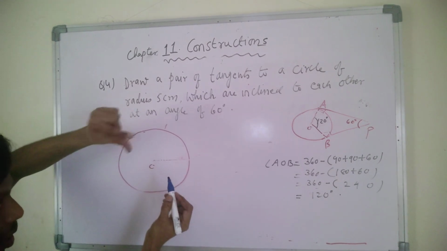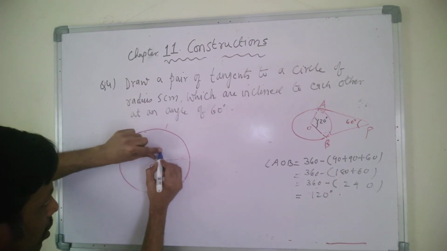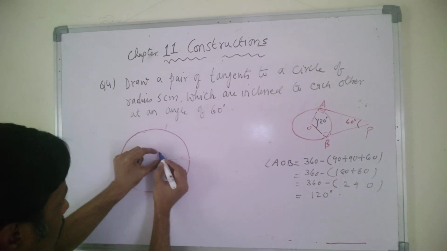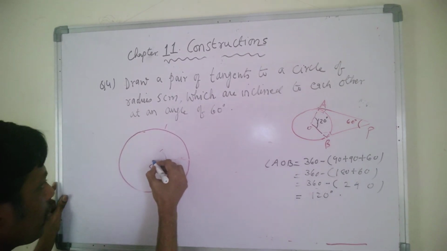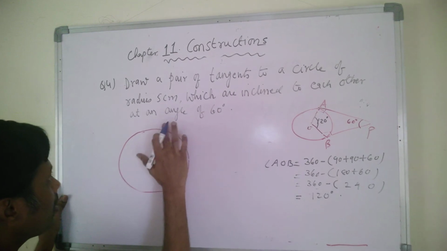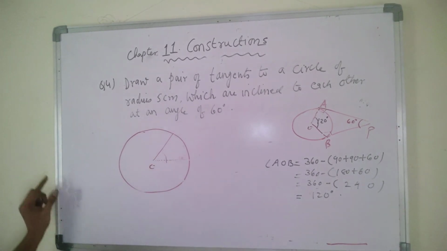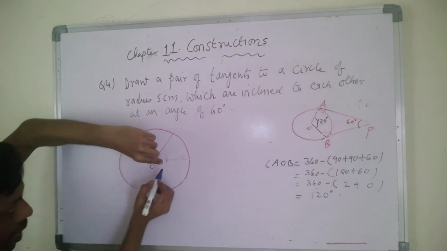With the same radius, you can give a cut like this, right? So first I'm drawing 60 degree like this, and the same procedure below you will do that, right?